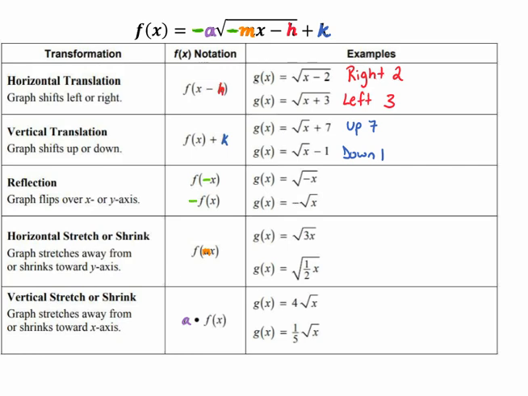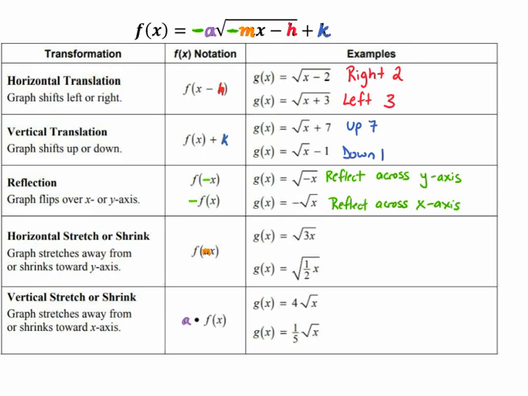Now the negative signs. It depends on if the negative is on the inside or on the outside. If our negative is on the inside, then we're going to reflect across the y-axis. But if the negative is on the outside, then we're going to reflect across our x-axis. The m controls our horizontal stretches and shrinks.